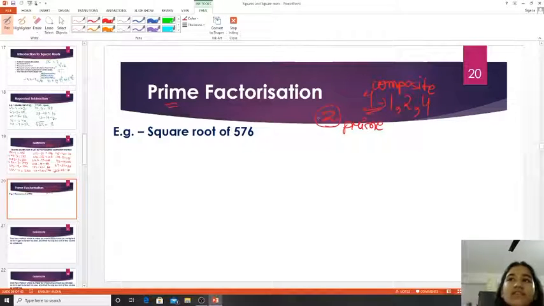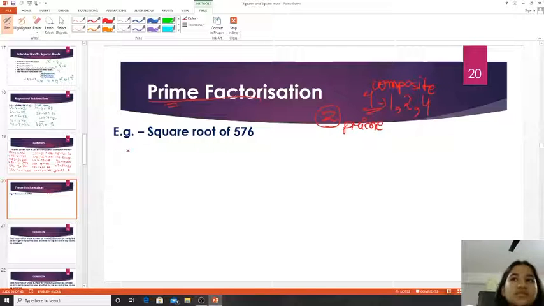Factorization means we are going to break a number down, and in prime factorization we are going to take only prime factors, that is 2, 3, 5, 7. Right? So we are only going to take prime factors.